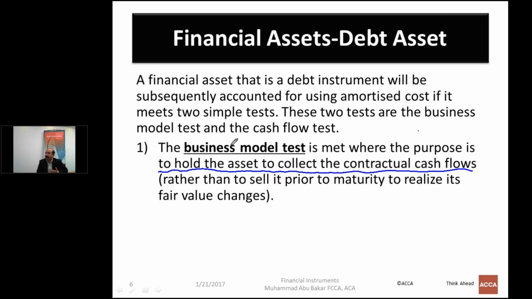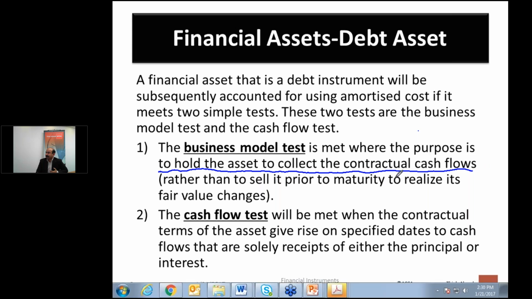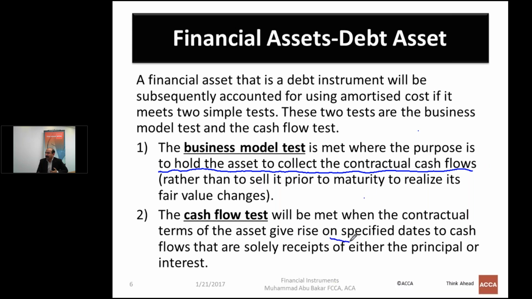The entity has the intention, and the purpose of the entity is, to hold the asset to collect the contractual cash flows. Second, the cash flow test will be met when the contractual terms of the asset give rise, on a specified date, to cash flows that are solely receipt of either the principal or the interest. Meaning those cash flows on specified dates, either principal or interest or both.